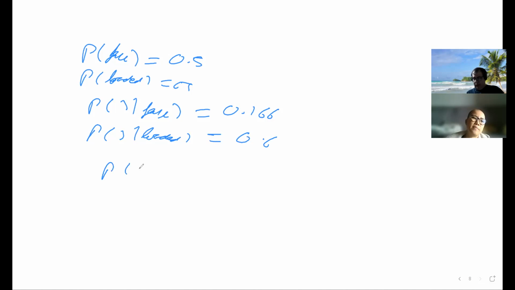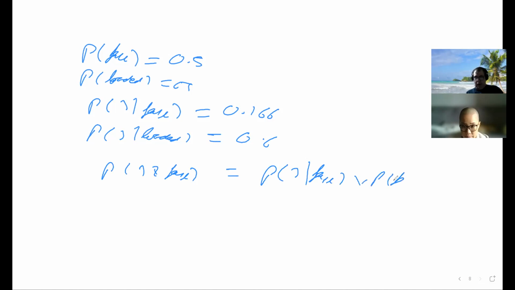So what will be the probability of 3 and fair? Will it not be P(3|fair) into P(fair), according to the formula which I gave you before?